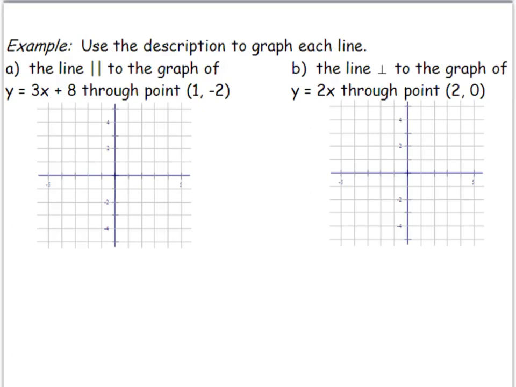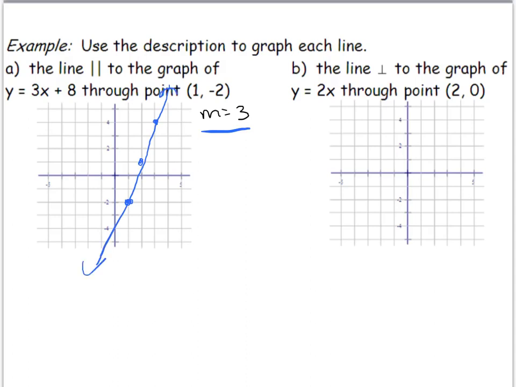In this case, the slope of this line is 3, which makes my new slope 3 as well. So, I know I go through this point, so I'm going to plot the point 1, negative 2. And then I also know I have a slope of 3. So from that point, I'm going to go up 3 and over 1, up 3 and over 1, and then I could draw my line.